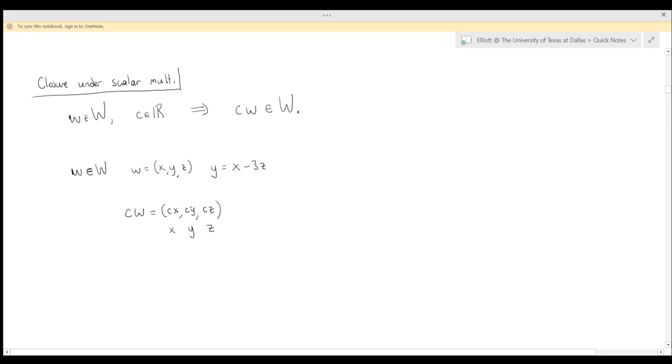Now if I take its y-coordinate, CY, I want to check if it's equal to the x-coordinate minus 3 times the z-coordinate. To do that, I want to make sure that I use my assumption that W satisfies this property. Using this assumption, we can replace y with x minus 3z.